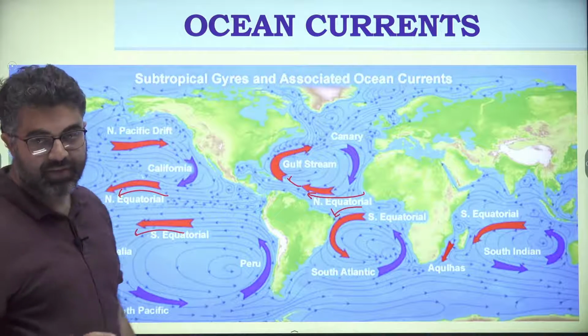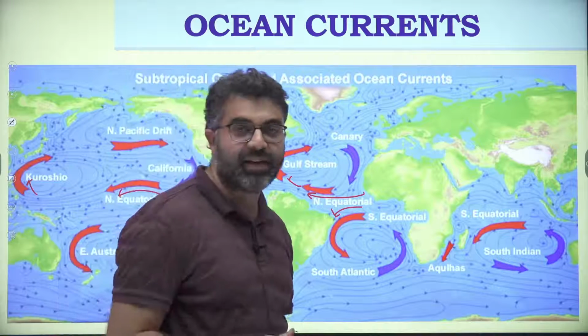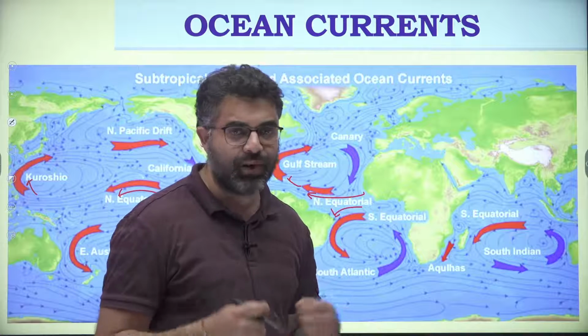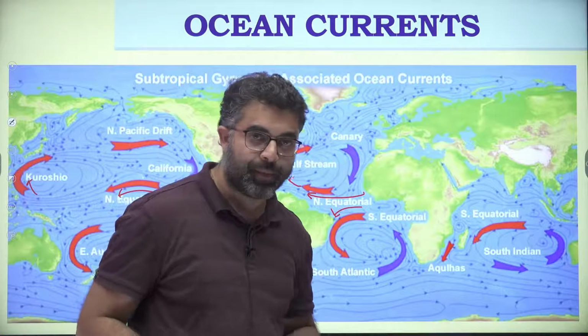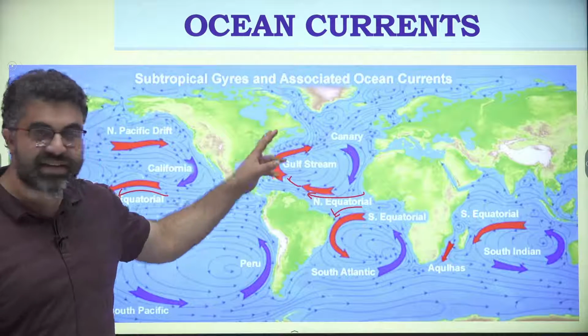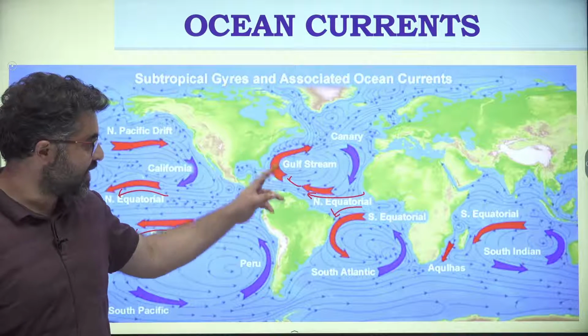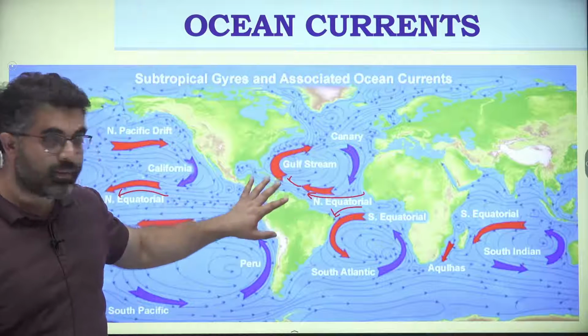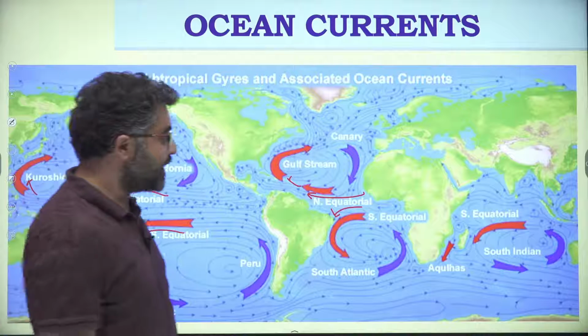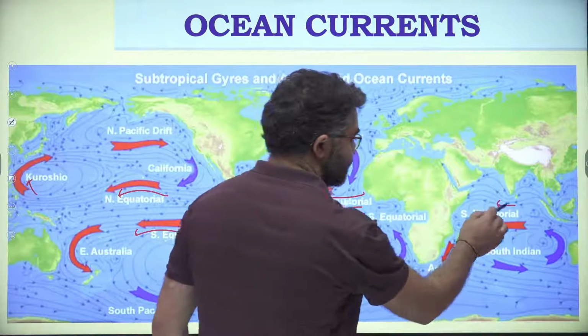Leave about the names of these currents, whether it's Gulf Stream or Kuroshio current, you will remember these currents anyhow, right? So don't worry about it. First of all, let's try to get the basic idea. So here is this basic idea, that the water is moving from one direction to another in a particular manner, and that is how we define the current.